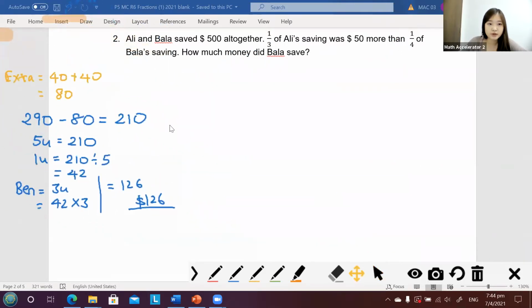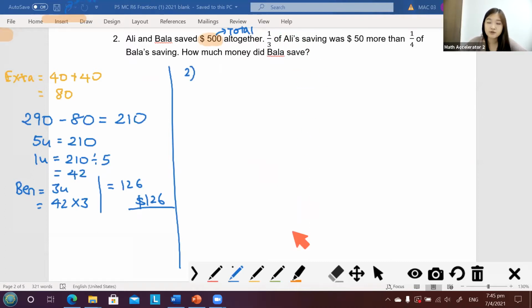If you're still copying, I'll leave question 1 at the side here. Let's go to question 2. Let's read the question. Ali and Bala save $500 altogether. This is the total, so label it in your question.